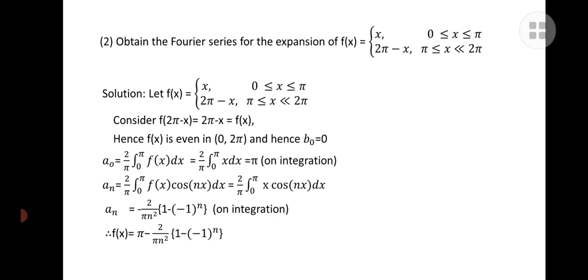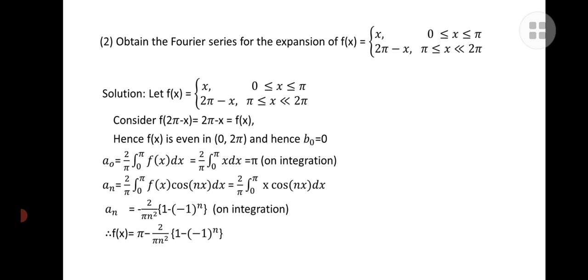minus pi comma pi. If we go for the second example, the Fourier series for the expansion f of x is equal to x in the interval 0 comma pi and 2 pi minus x in the interval pi to 2 pi.